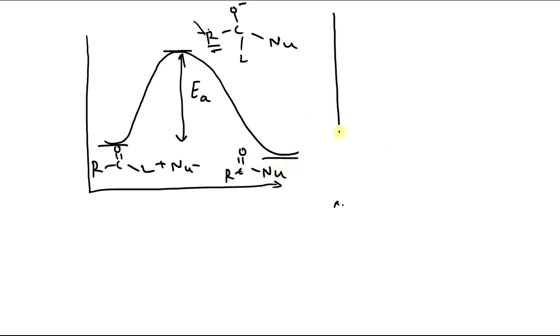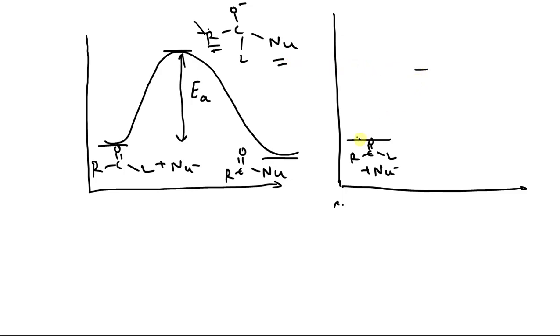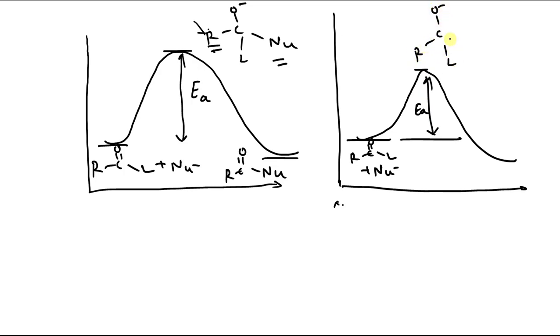Now let me draw it here itself. This is the same R C double bond O L plus nucleophile. Now if this is stabilized, its energy gets lowered, and you can see the activation energy has decreased. These are our products.